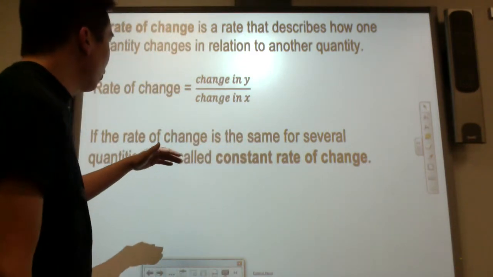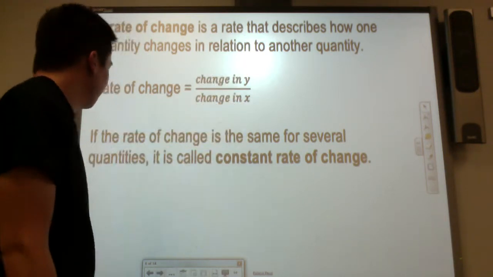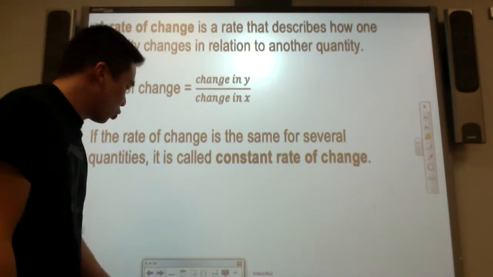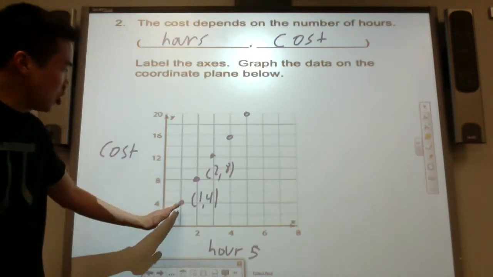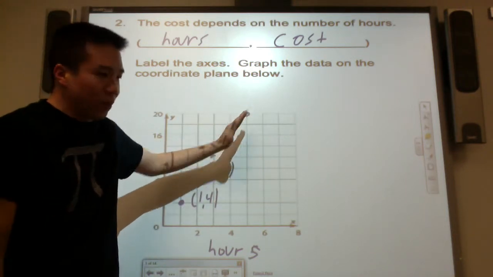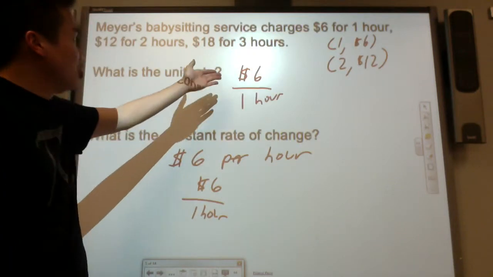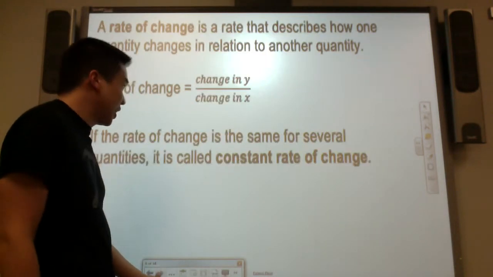But if you would like to use a formula, it's the change in y over the change in x. If the rate of change is the same for several quantities, it's called constant rate of change. In this one, it keeps the same rate for each hour. So it's constant rate of change.